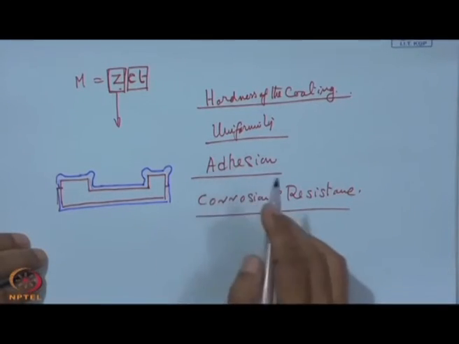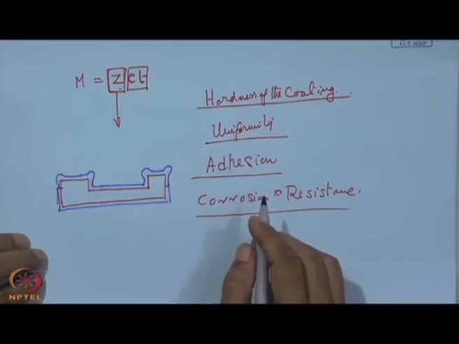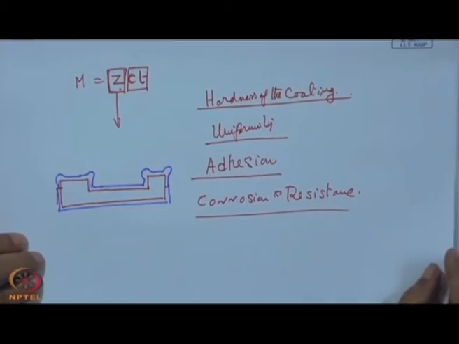Now, so far as adhesion is concerned, this is also one issue: how to prepare the substrate. Here also, just like a PVD process, we should be extremely careful in the preparation of the surface. Number 1, it is not just a chemical reaction, but the coating is physically attached to this surface.